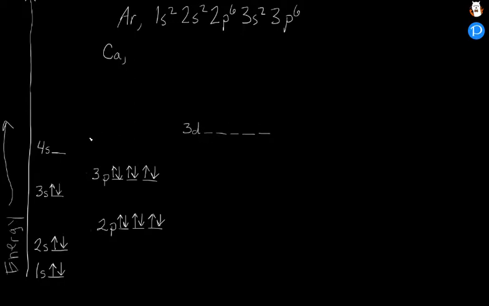So your first guess might be to say that the next electrons are going to go to the 3d and then go up to 4, because 4 is greater than 3, so 4 must be higher in energy than the 3d orbitals, and that's actually not what happens. The 4s actually has a little bit lower energy than the 3d, so those electrons are going to fill this first and then go to the d orbitals.